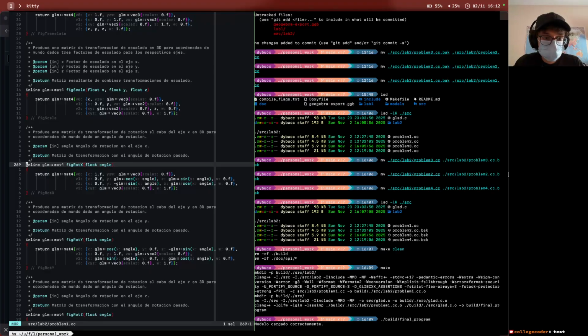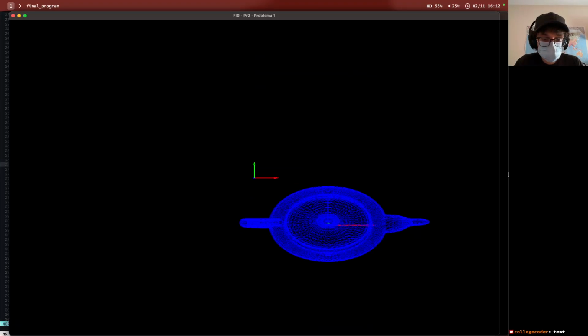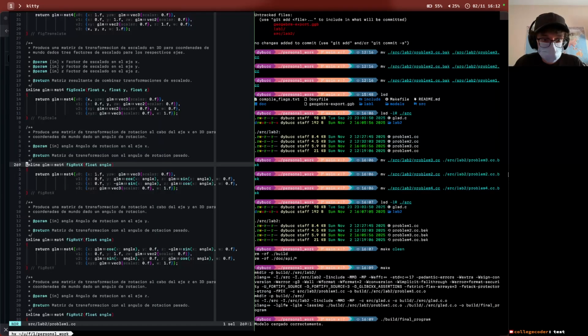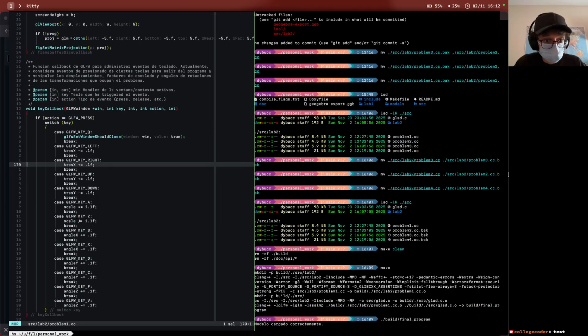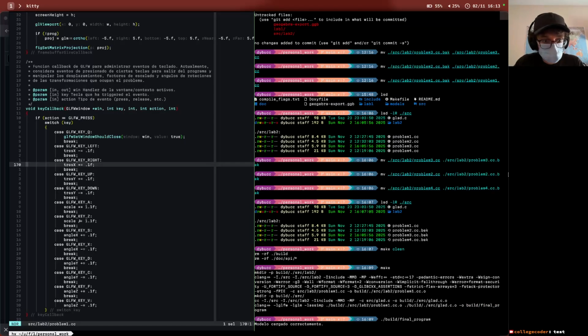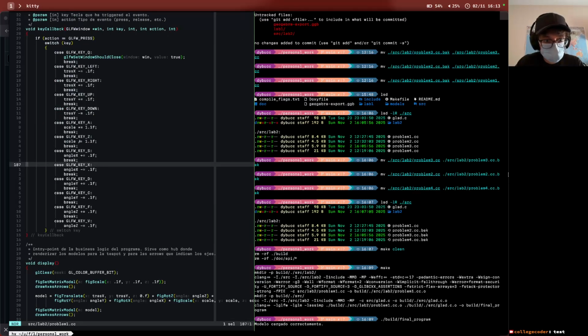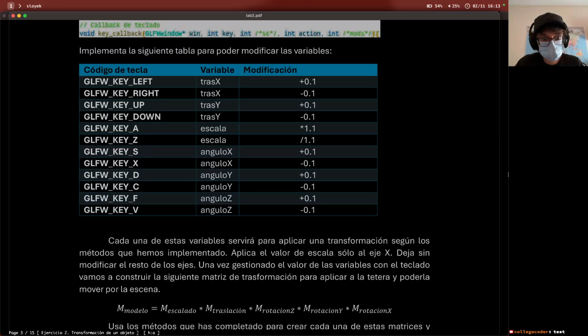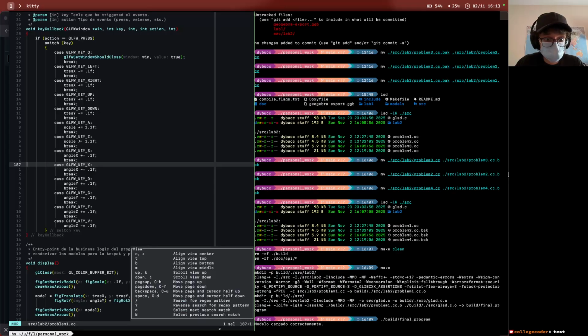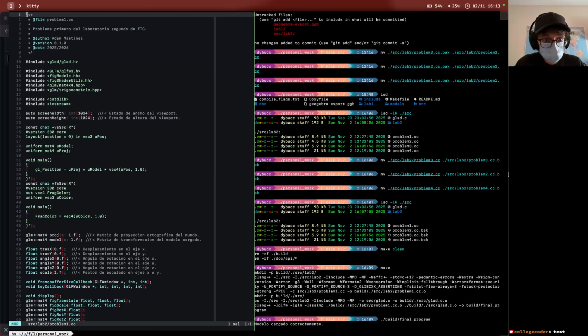So for some reason, when the angle on X is negative, for some odd reason, in this case it's supposed to be key X, it's supposed to subtract 0.1, but it doesn't do so.